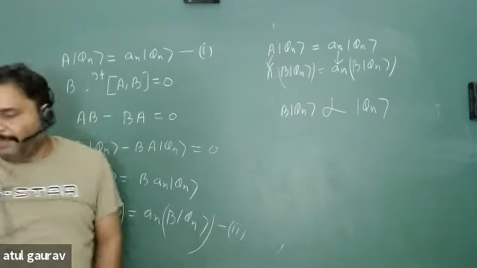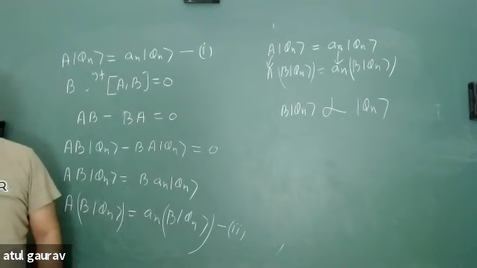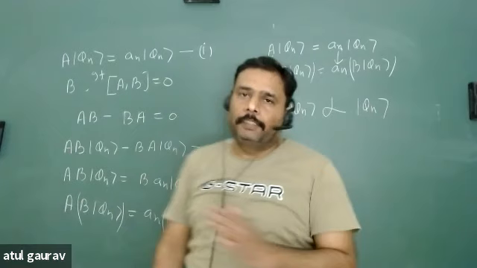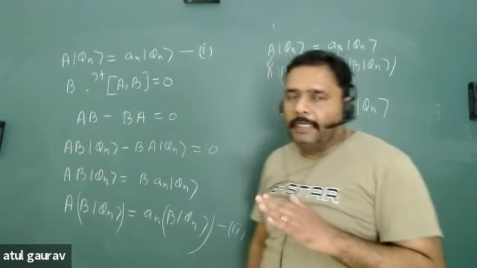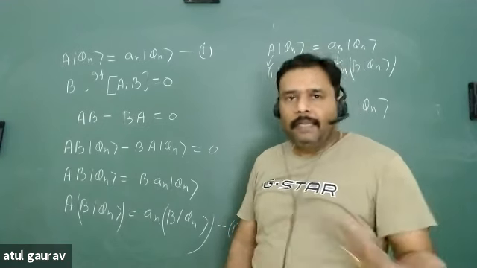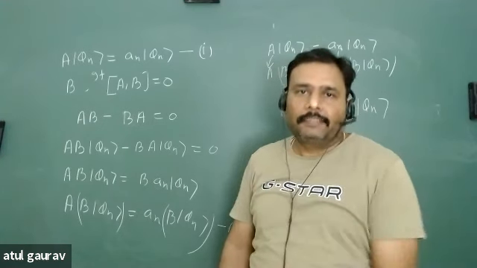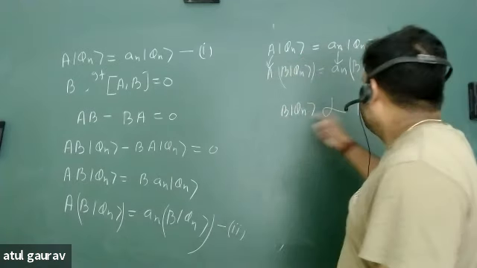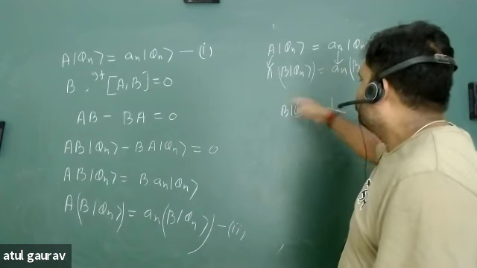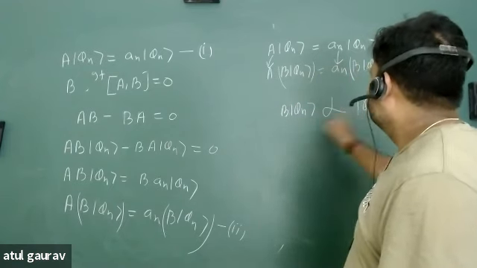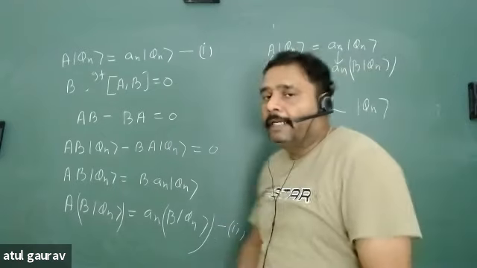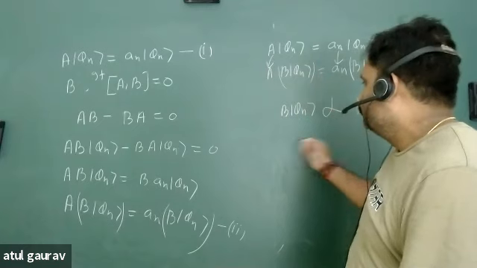It's a very huge statement. What is the meaning of proportionality? The meaning of proportionality is that you can find parallel vectors. And parallel vectors are always eigenvectors. So this φ_n can also be an eigenvector of B. So from here, we can make a conclusion. The conclusion is very nice.